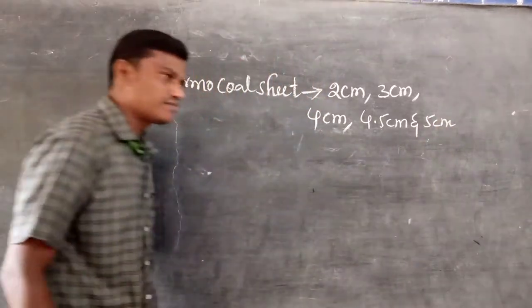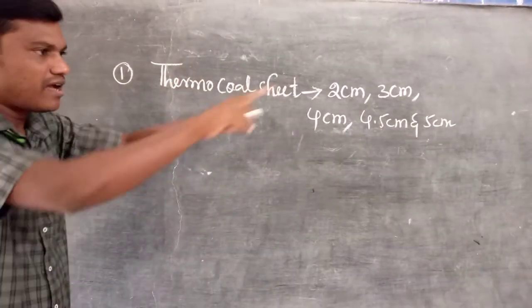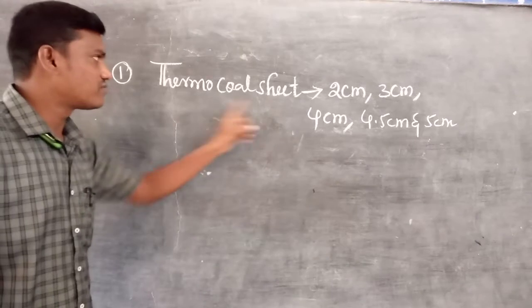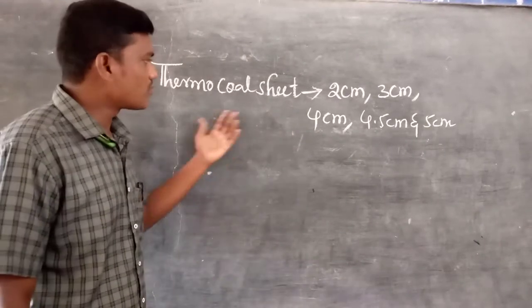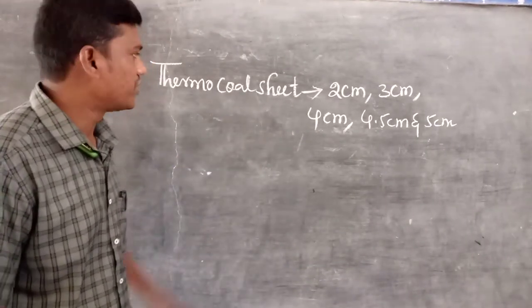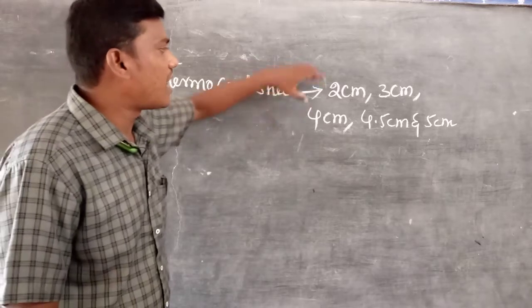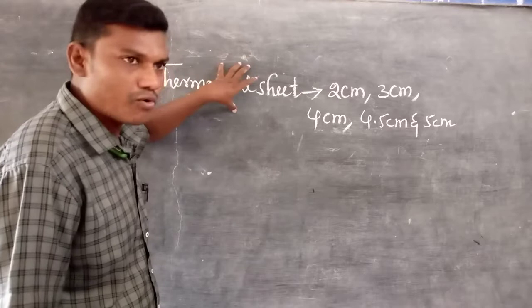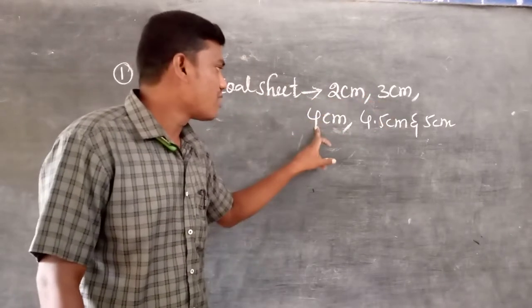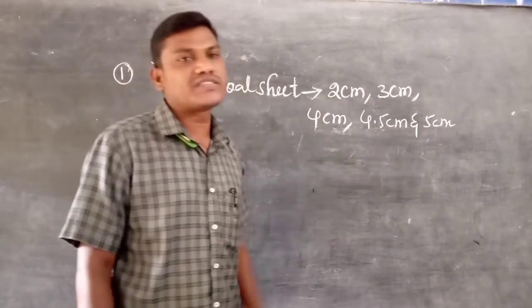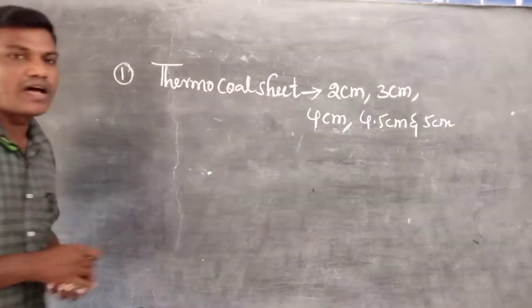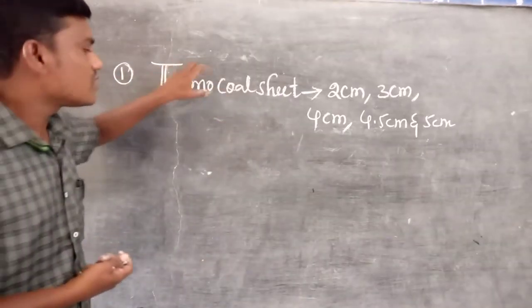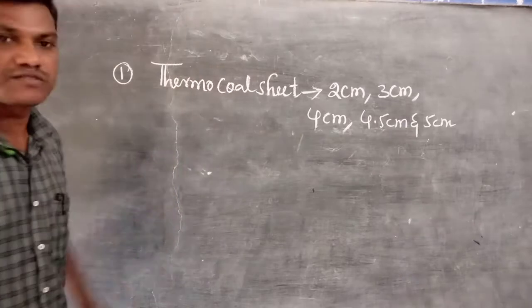Thermocol sheets are mostly rectangular in shape. From this sheet you can cut different radii: a 2 cm radius sheet, next 3 cm, 4, 4.5, 5 cm.